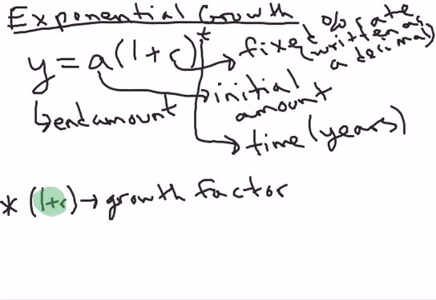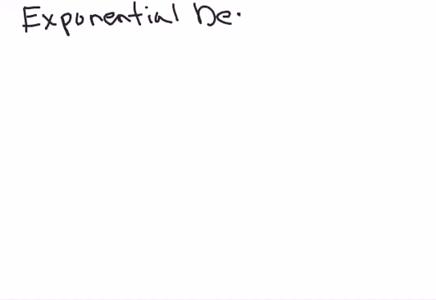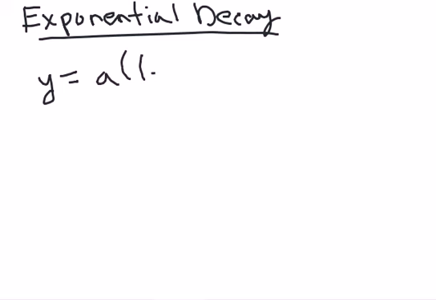So let's go ahead and just make a formal note for exponential decay. So the formula is going to be y equals a times 1 minus r to the t. Okay, and I'm not going to write out what a, r, and t are.